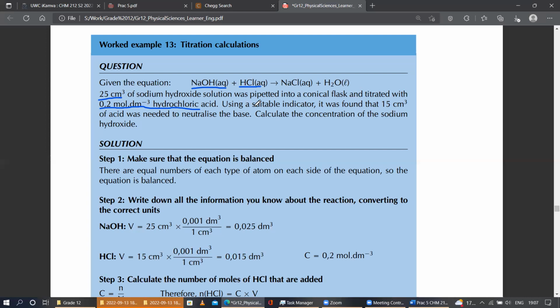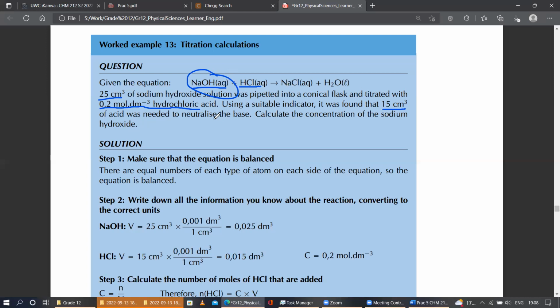Using a suitable indicator, it is found that 15 cubic centimeters of the acid was needed to neutralize the base. Now they want us to calculate the concentration of NaOH.